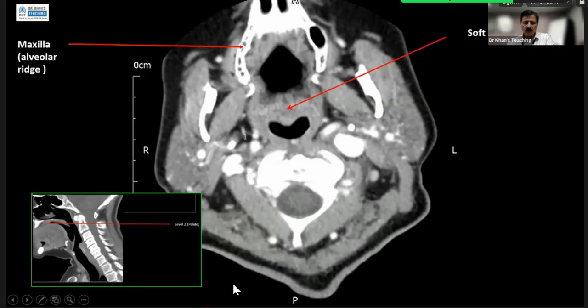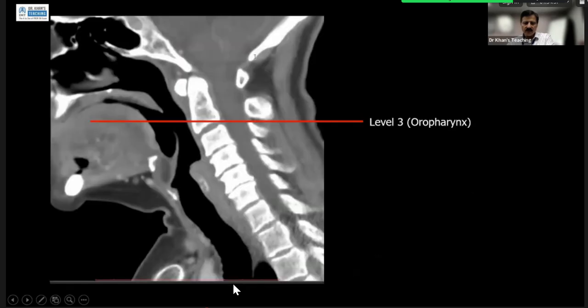It all depends on your patient and how the slice is oriented. So don't get confused. This is the soft palate, the uvula here. A portion of the air in the oral cavity is visible here. This is the alveolar ridge of the maxilla.